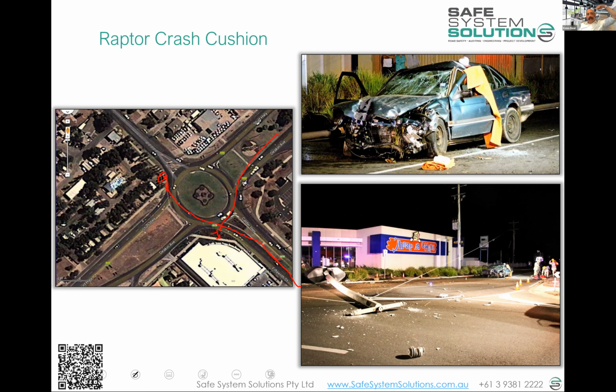90 kilometers per hour. And it had a Raptor cushion, and it absorbed some of the energy, moved them along, and they all survived, with minor injuries. And it's incredible considering the age of that vehicle and the speed they were going.